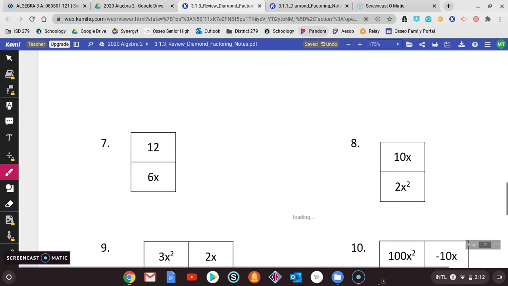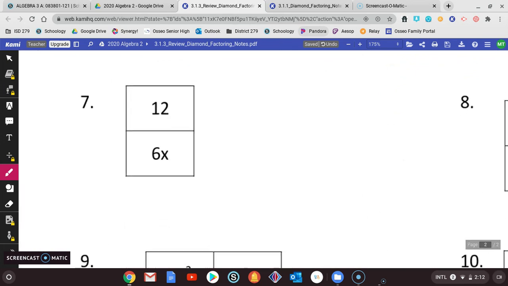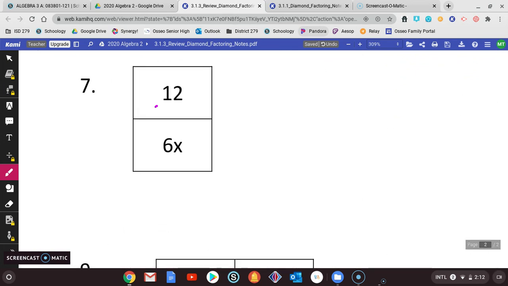Now, here's a vertical box. It's going to be the same thing. 6 times 2, 6 times x. And the reason why I didn't go lower, I could have done 3 times 4. And 6, I could have done 2 times 3 and all of that. But if you see that there's a 6, you can easily do a 6 because then they both have a 6. And that is your GCF.